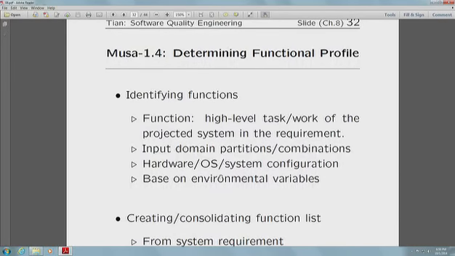Okay, and then the next step is to look at the functional profile. The functional profile is essentially a repetition of what we did with the customer profile and the user profile. Remember, from customer profile to user profile, we look at the customers and then look at the users.